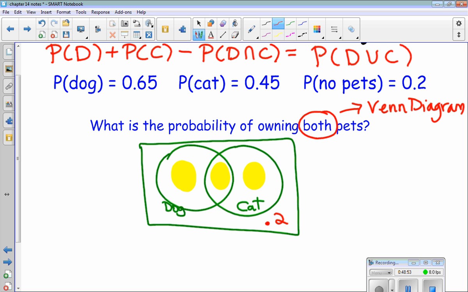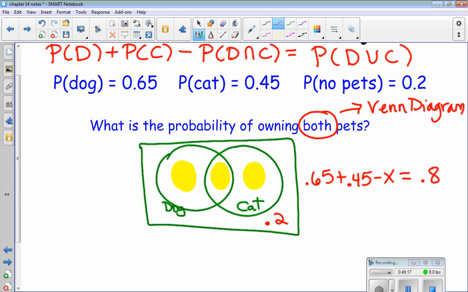So I already know that it has to sum to be 0.8. You with me so far? The probability of dog is 0.65. The probability of cat is 0.45. I'm going to subtract off what I don't know.